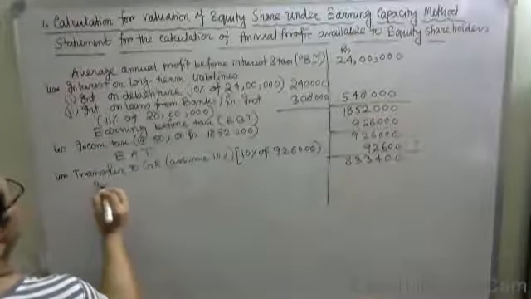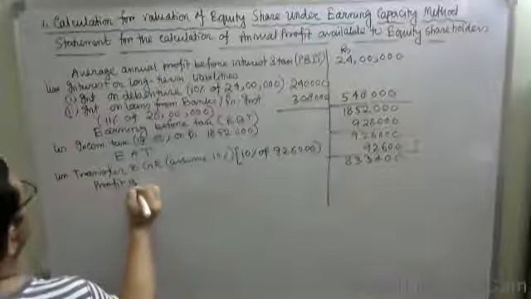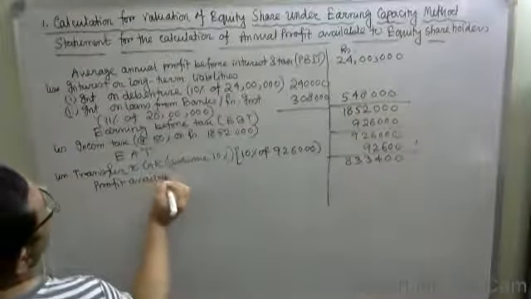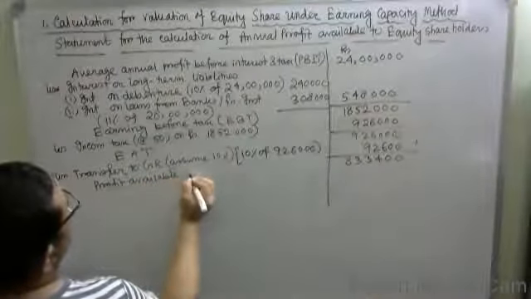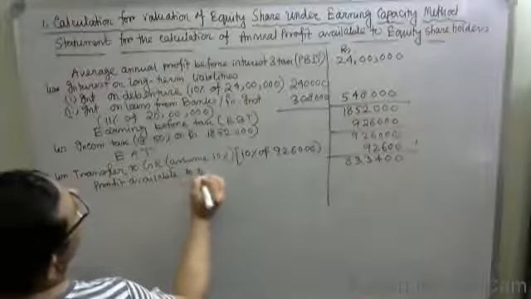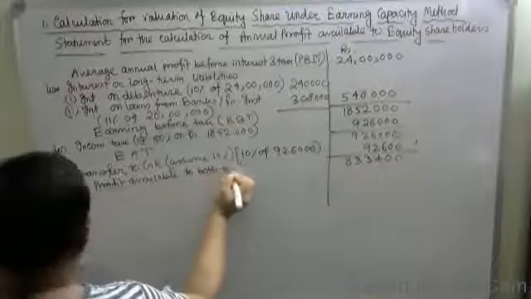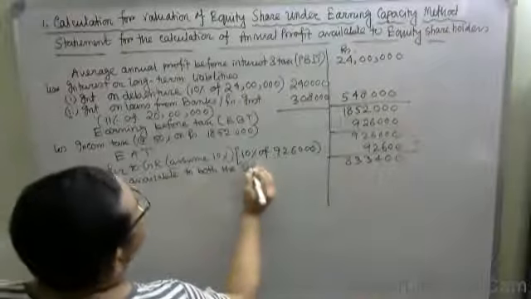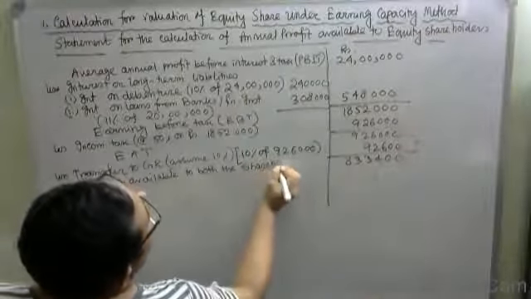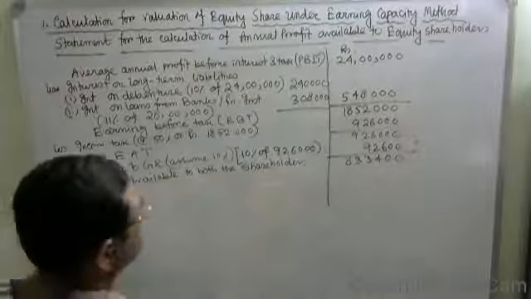Profit available to both the shareholders. Both the shareholders means here preference and equity shareholders.